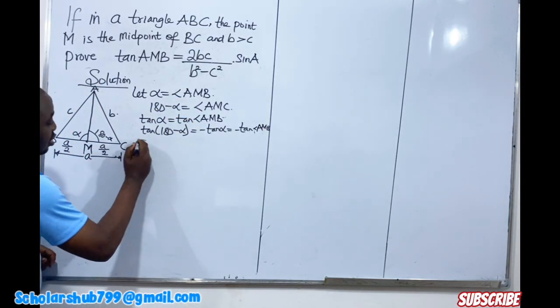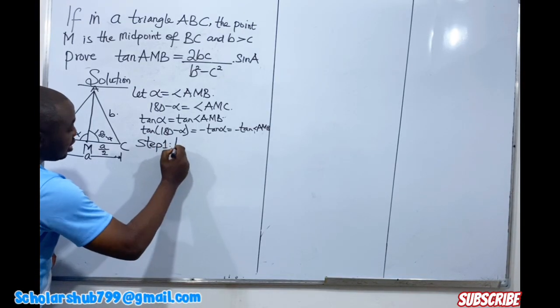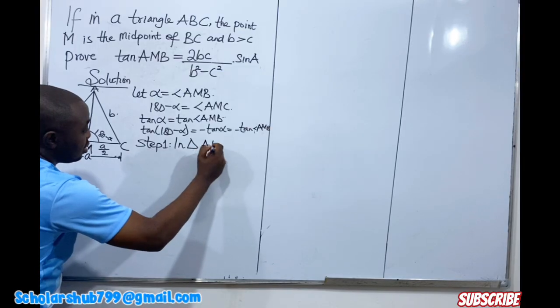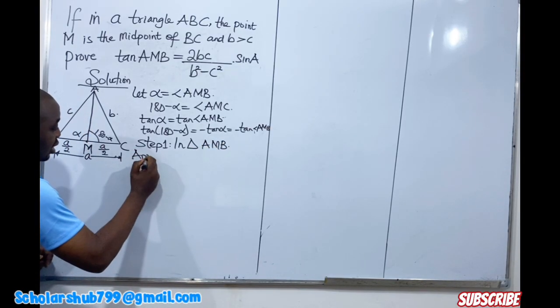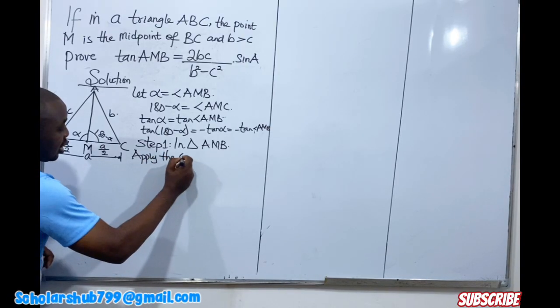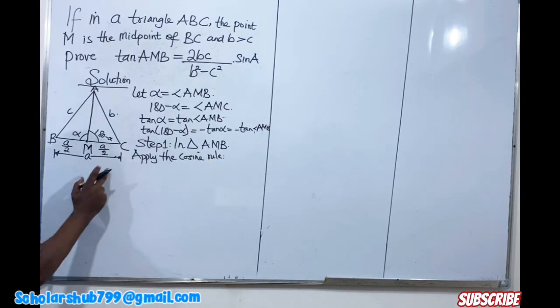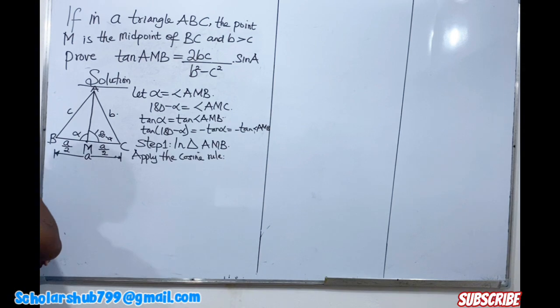So for my step 1, I'm going to consider triangle AMB, and we apply the cosine rule. I want to obtain the equation for c².